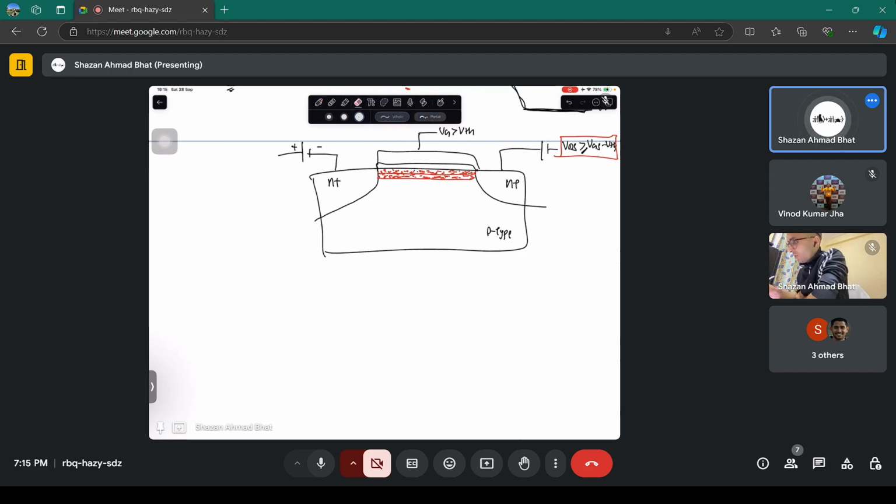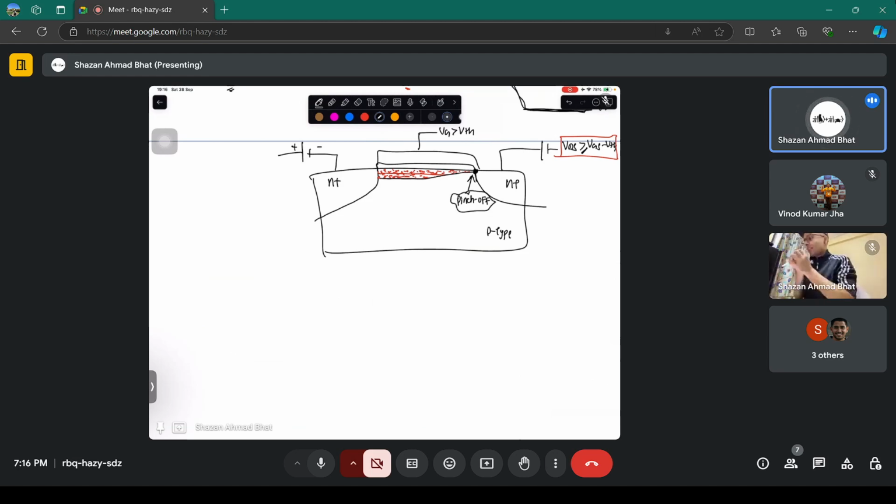It starts to make a region like this at this particular place. Now the charge region looks something like this. That means as it approaches the drain point, the charge almost becomes negligible. This is something called pinch off.